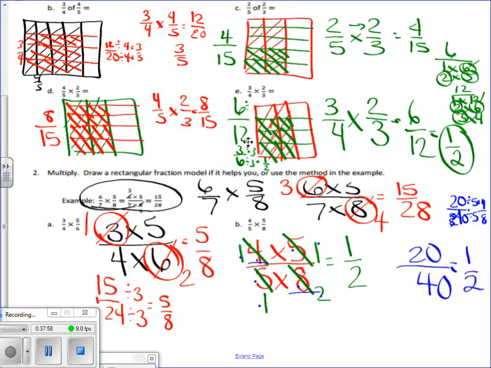What you do to the top, you have to do to the bottom. And then you go ahead and multiply. 1 times 1 is 1. 1 times 2 is 2. And if you still are just like, I don't get it, pull up the video when you get home. That's why I do it.